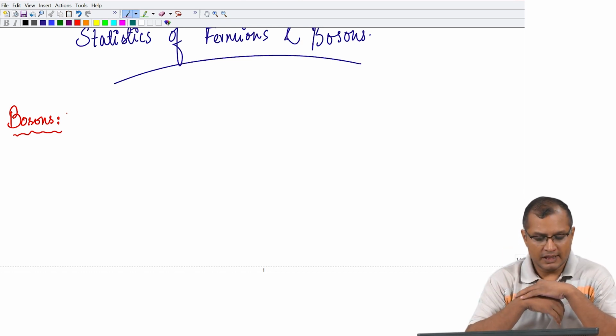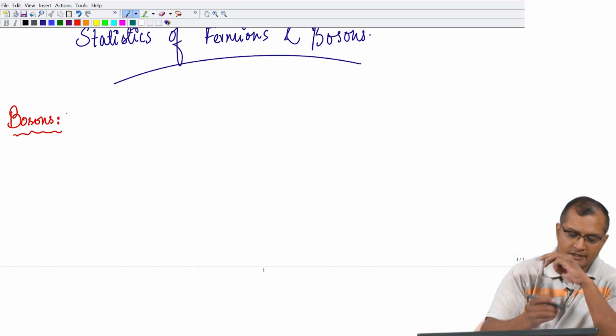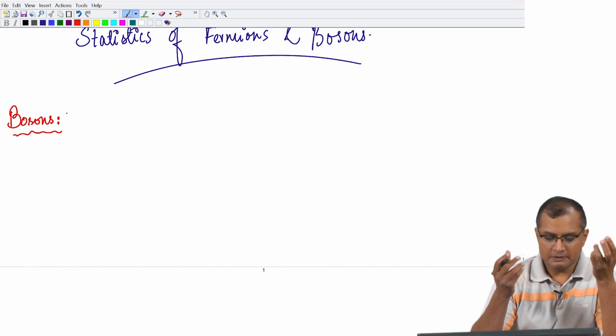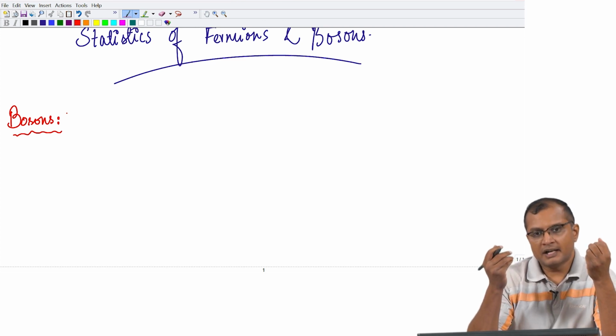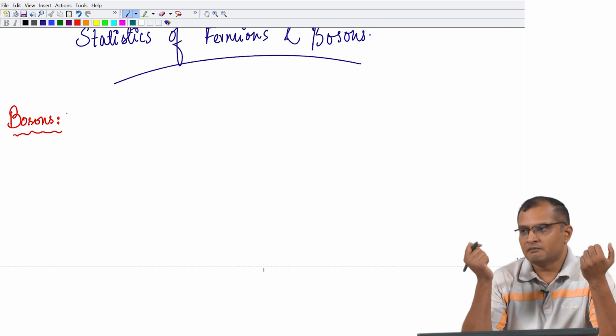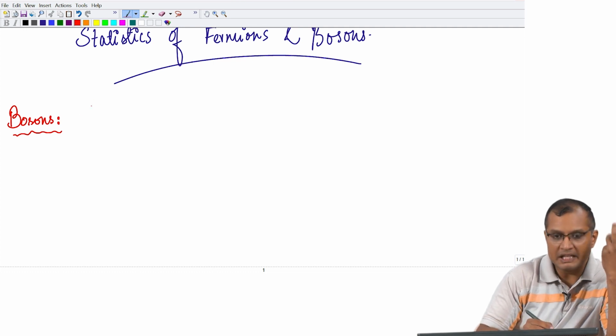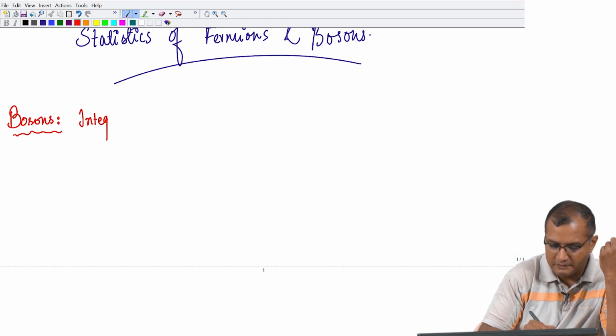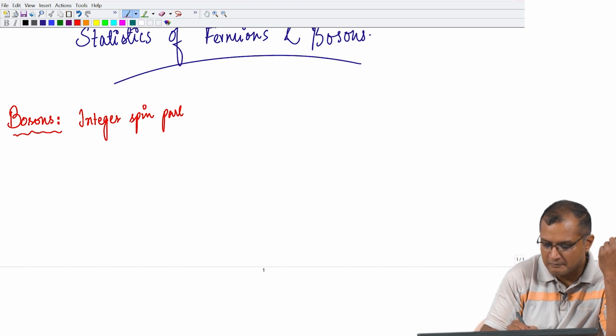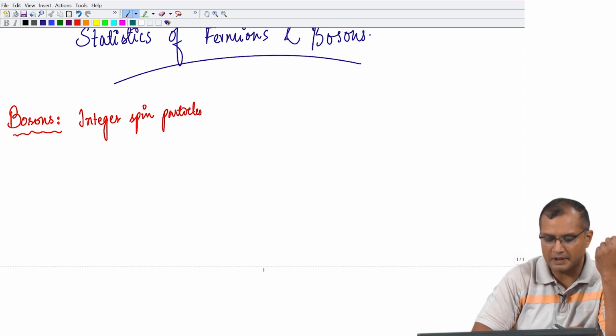This is because the evenness of the parity operation allows an arbitrary number of bosons to sit in one energy level, and this is usually represented as the spin being an integer. So, they are classified as integer spin particles. Okay.